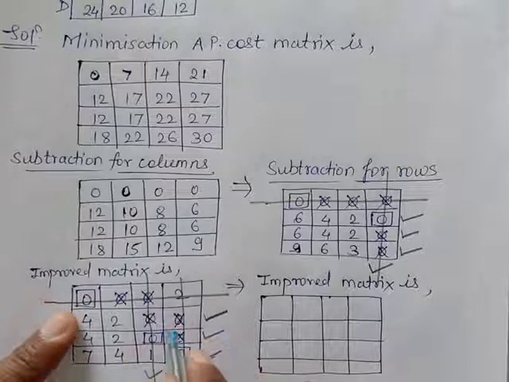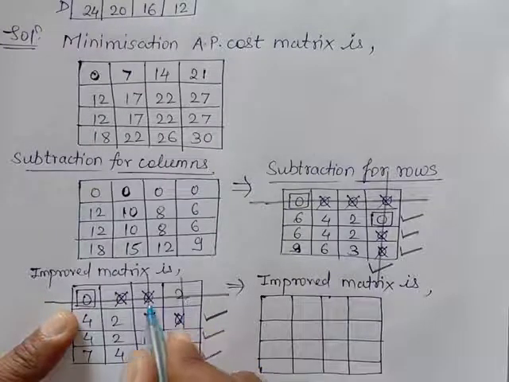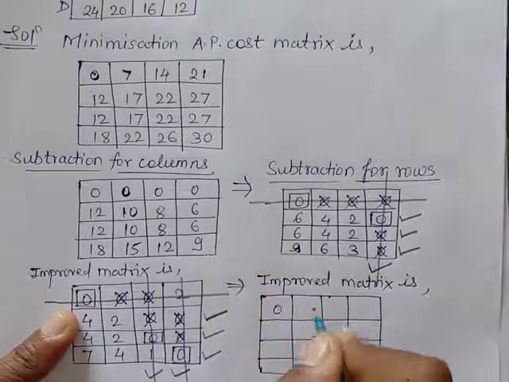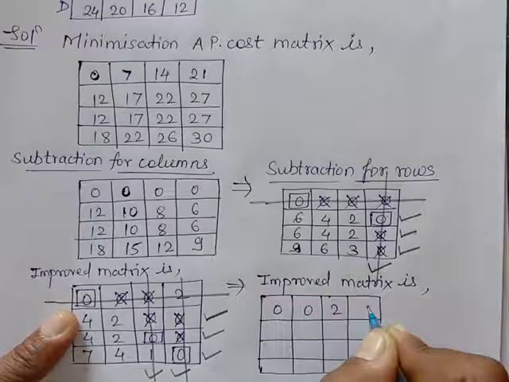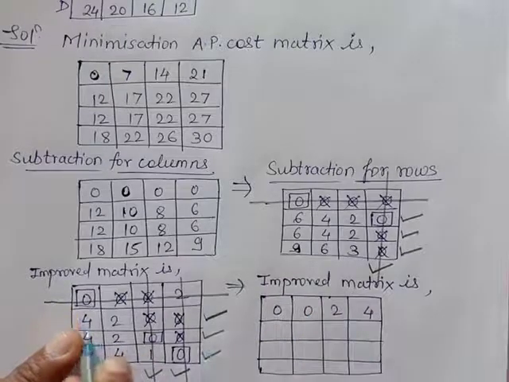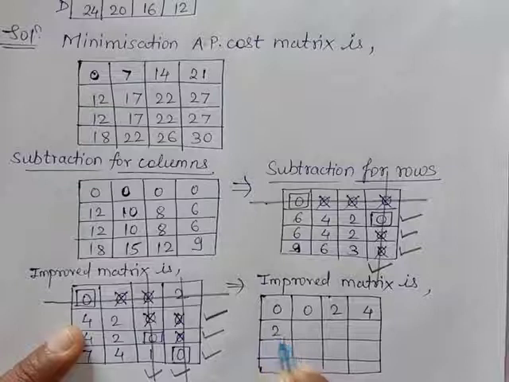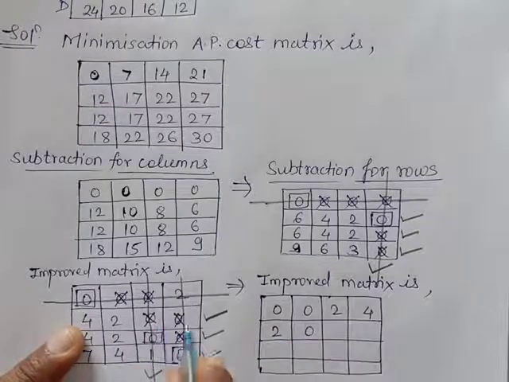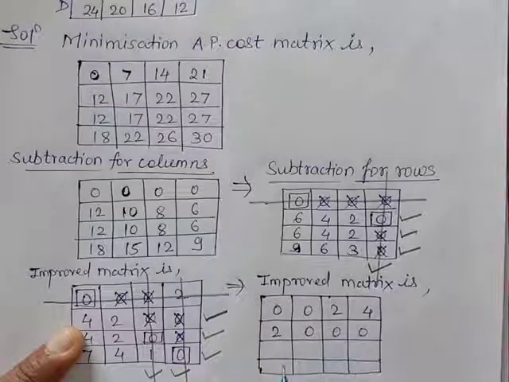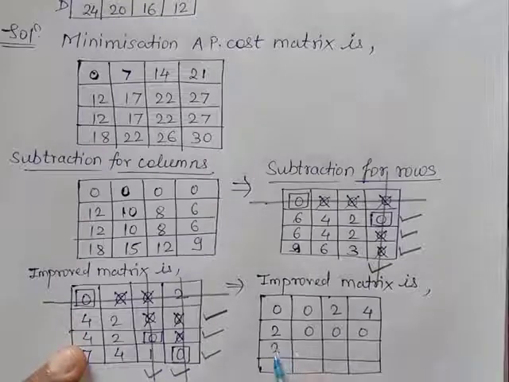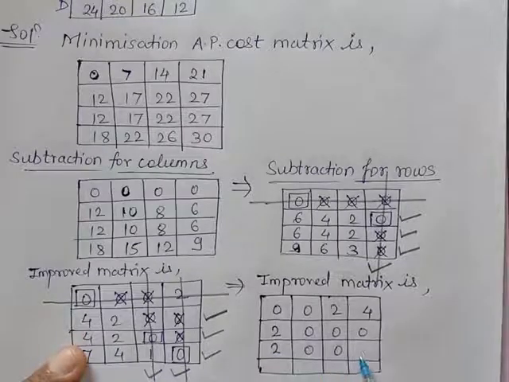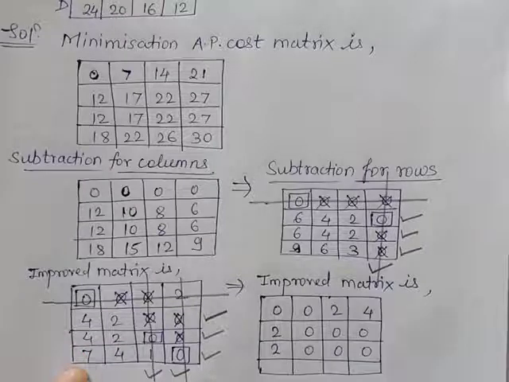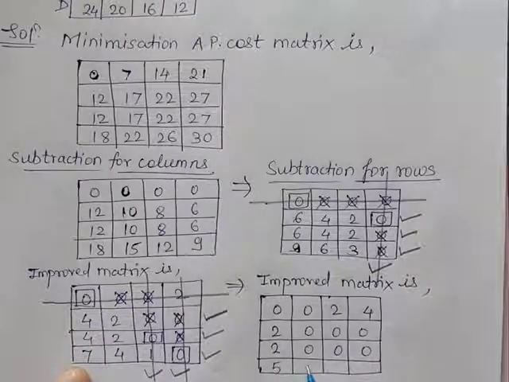So the intersection positions are these ones. Look at this. So 0 0, this is 2, this one will become 4. Here we have to subtract, so 2 0. Here these are as it is. Okay, here 2 0, these are as it is. This is 5, this is 2, this 1 as it is, 0 as it is.